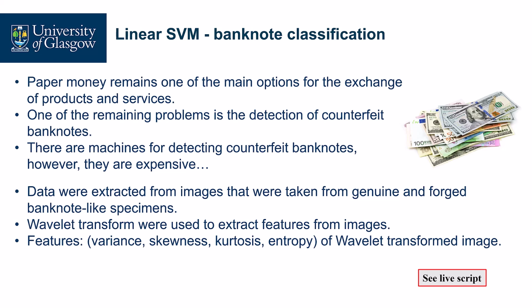Variance, skewness, kurtosis, and entropy of the transformed image. There are two classes, genuine or forged. The total sample is 1,072 samples. Now you are asked to train a linear SVM to solve this problem.